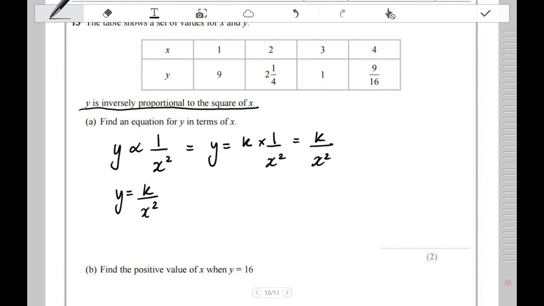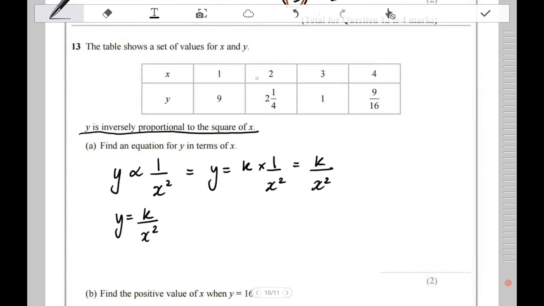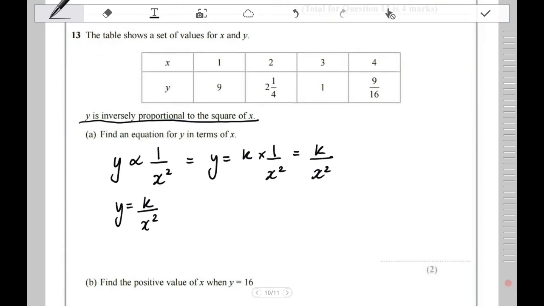Now, seeing as they've provided us with different sets of x and y values that satisfy this equation, we can actually plug in numbers to work out what k is. So they say here that when x equals 1, y equals 9. So 9 equals k over 1 squared.